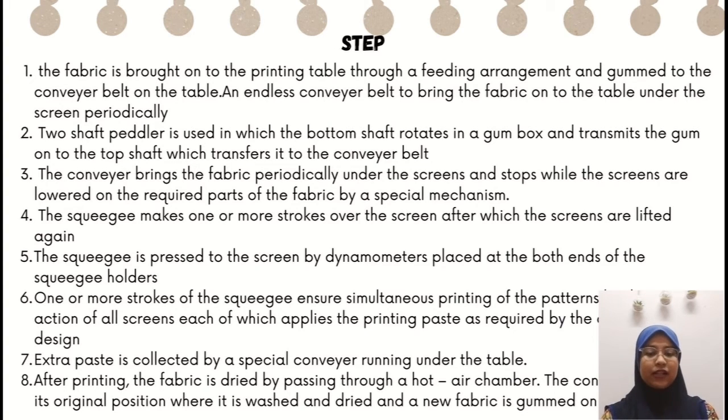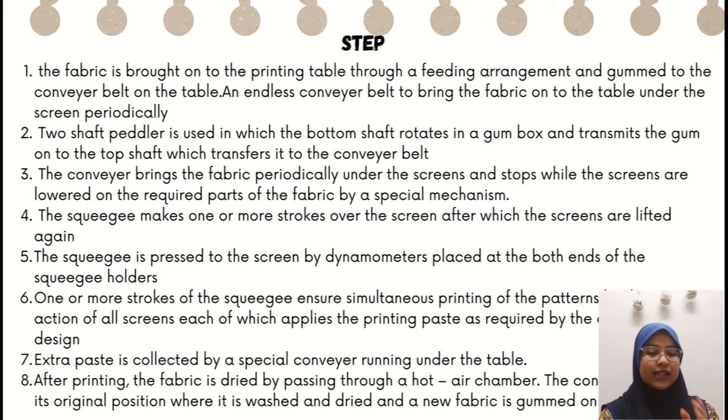The third is the conveyors bring the fabric periodically under the screen and stop, while the screens are lowered on the required part of the fabric by a special mechanism. The squeegee makes one or more strokes over the screen, after which the screens are lifted again.